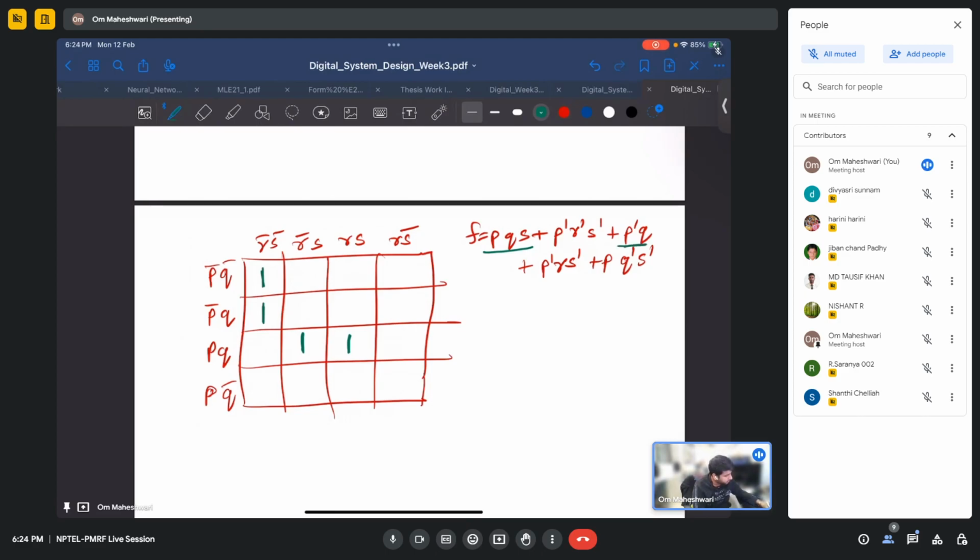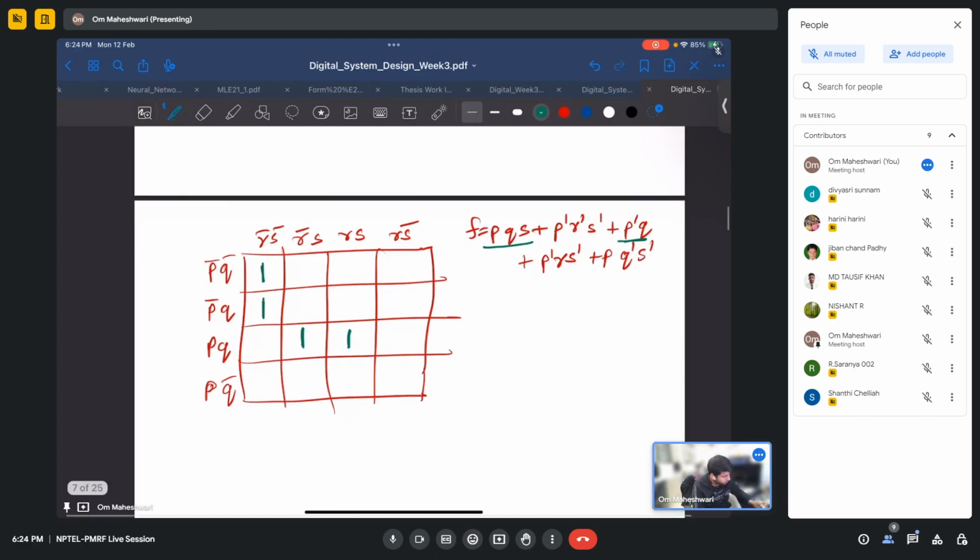Then we have P bar Q. This row is P bar Q. So the whole row will be 1.